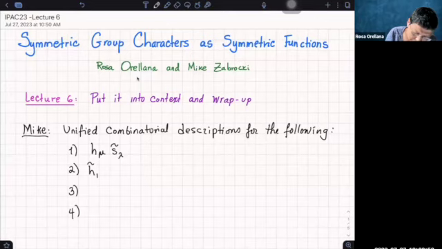Then there is this one, H1, H2 tilde multiplied just as polynomials, mu1, mu2, tilde times S lambda.